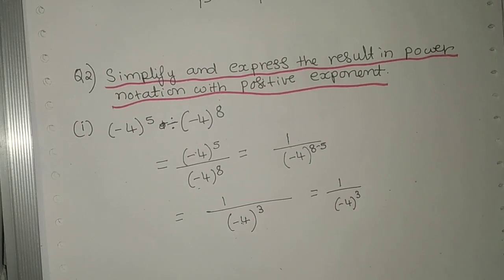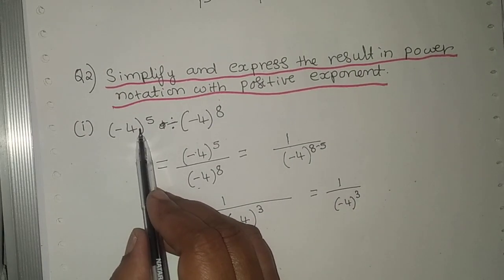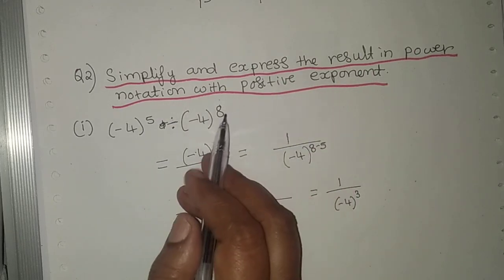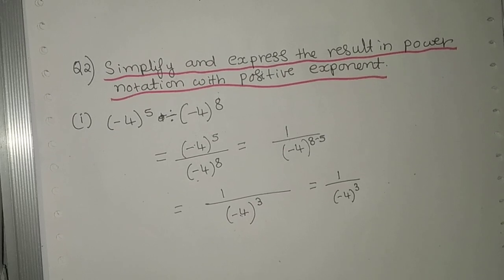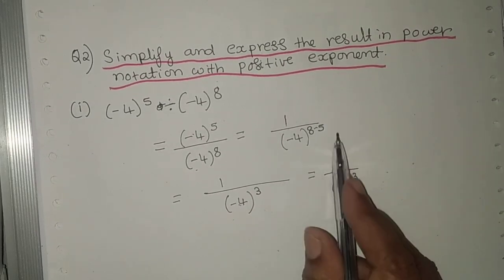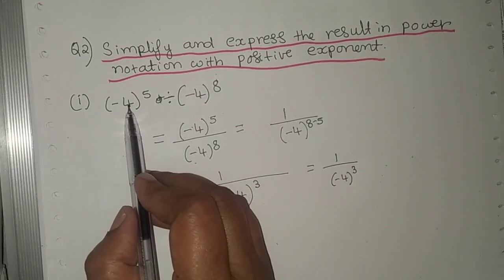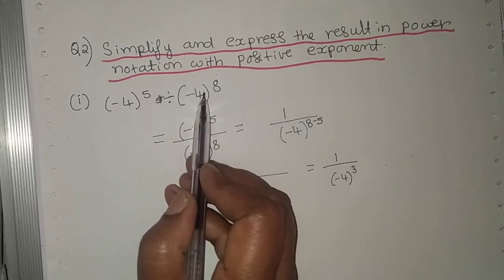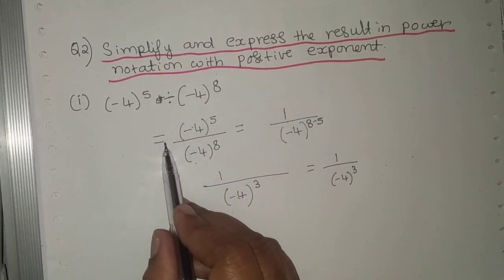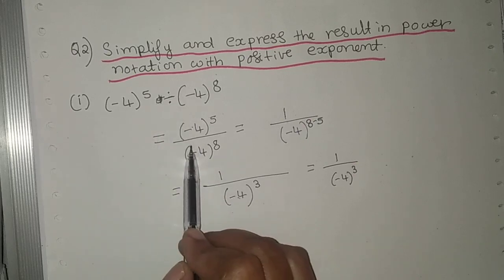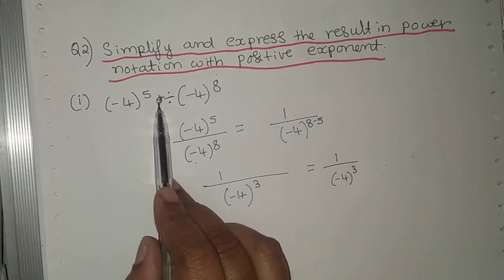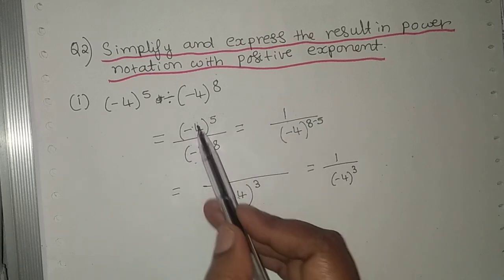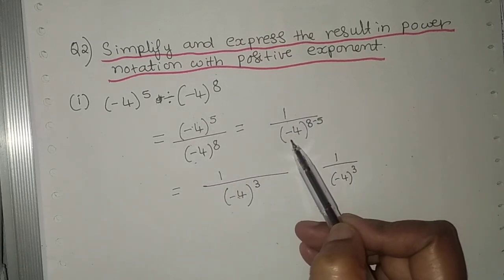Once again I'll explain the problem. They have given minus 4. Simplify, express the result in the power notation with the positive exponent. So make the exponent positive. So here (-4)^5 divided by (-4)^8. Therefore write down in this form, (-4)^5 by (-4)^8 is equal to, since these two are common, we can write in this form.